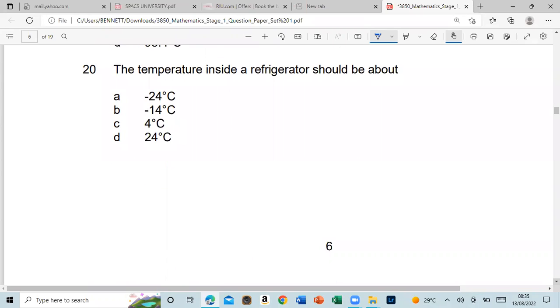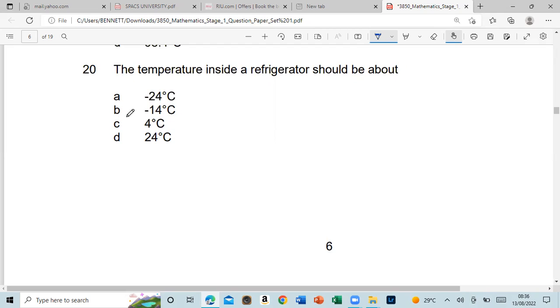The temperature inside a refrigerator should be about -14. Yeah, I agree with that.